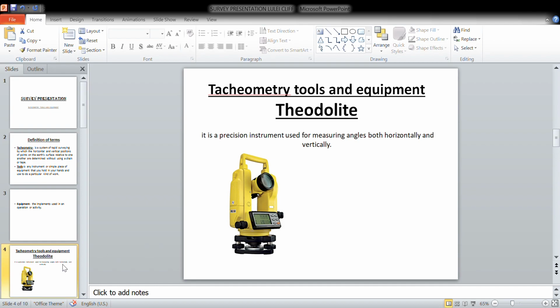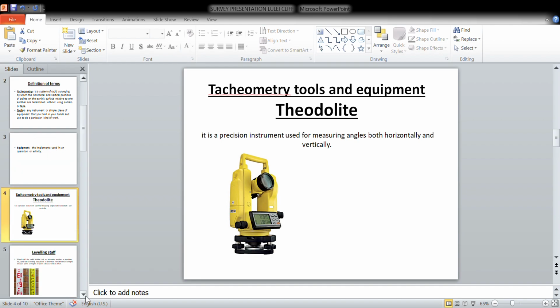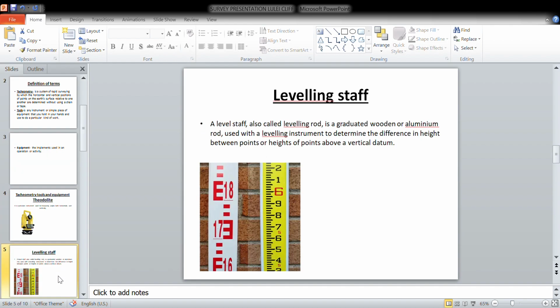We shall proceed to the other tool, which is the leveling staff. The theodolite cannot work without having the leveling staff. The leveling staff is a precision reading tool that has to be there so that the surveying practice is conveniently done.